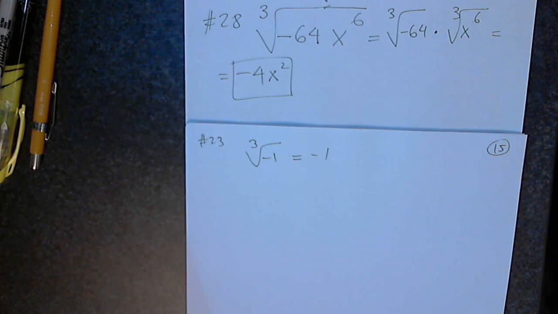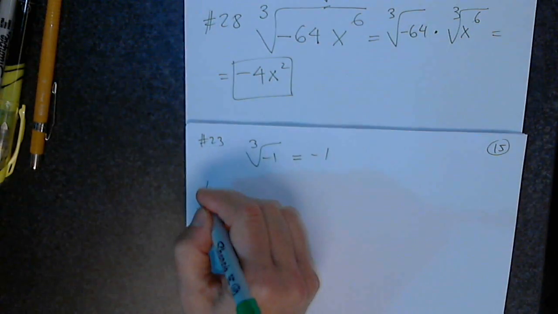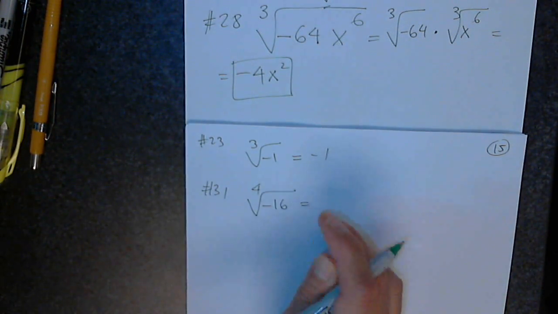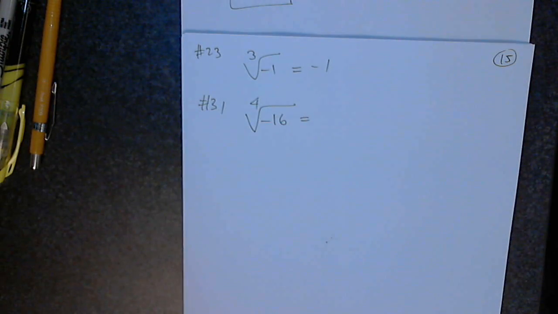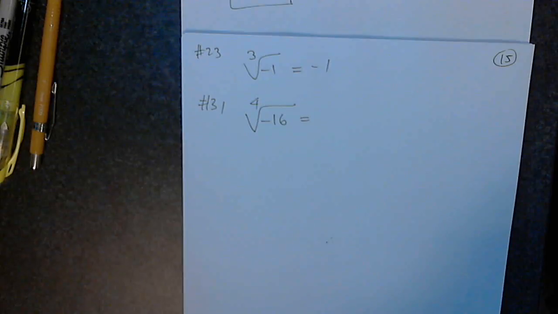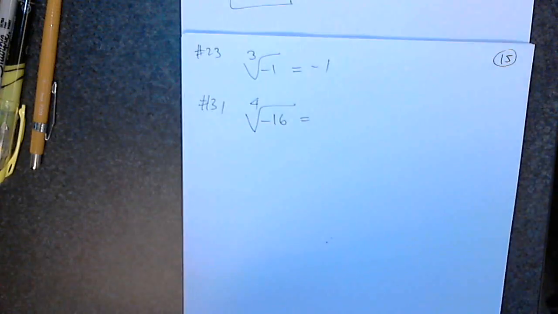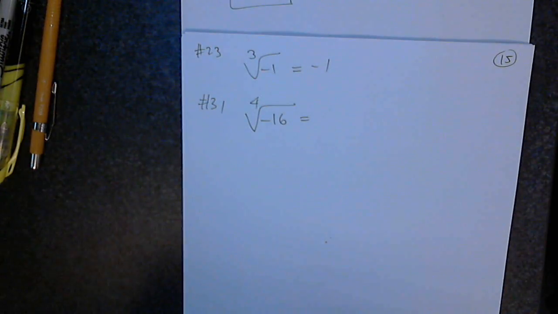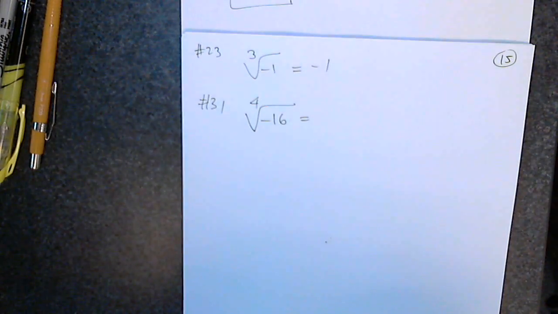What about 31? The 4th root of negative 16. What number I raise to the 4th power to get negative 16?